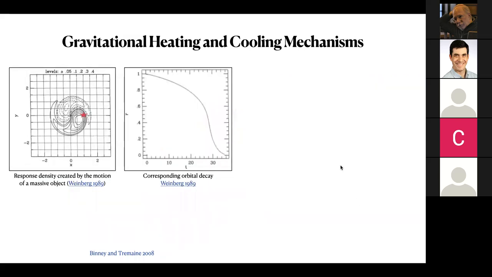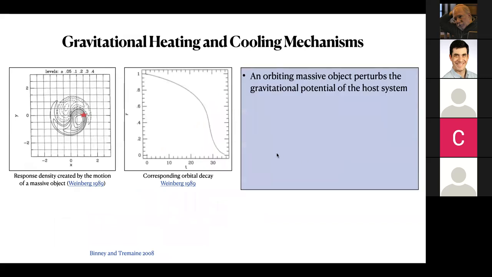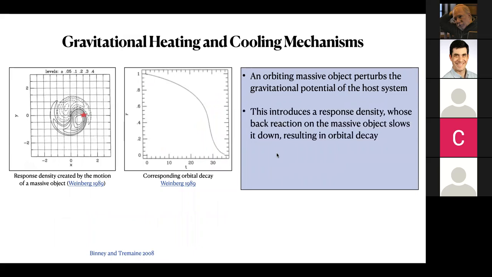Now, if the particle is not a test particle, if it's a massive object, then it also perturbs the gravitational potential of the host system. What happens is that a response density is generated, and the back reaction of this response density causes the object to slow down, resulting in orbital decay. That is what is shown here.